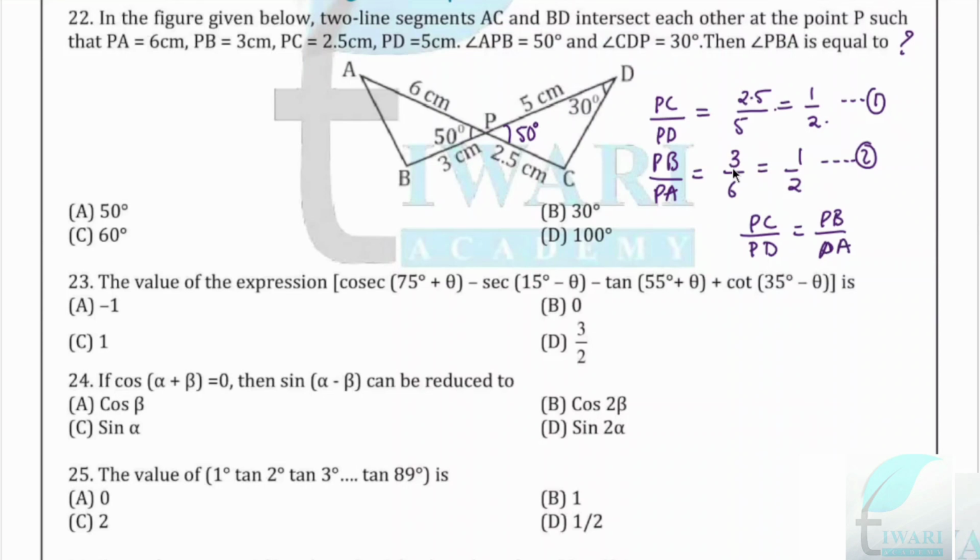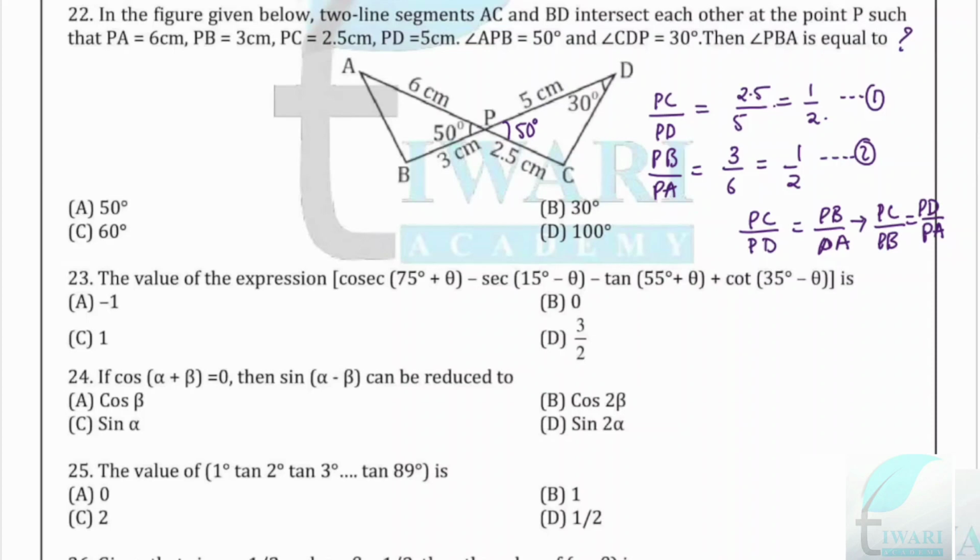Okay, so if you cross multiply here, it can also be written that PC by PB is equal to PD by PA.